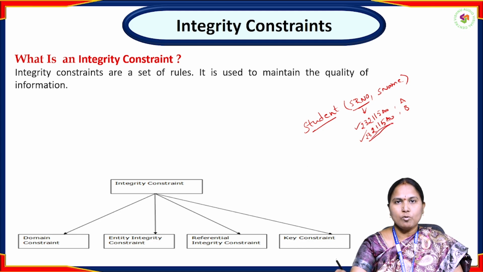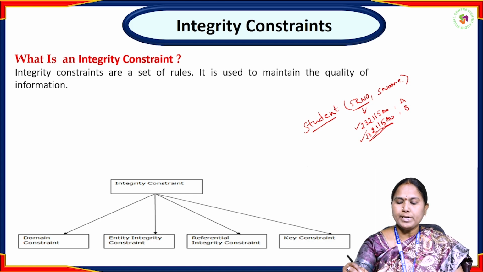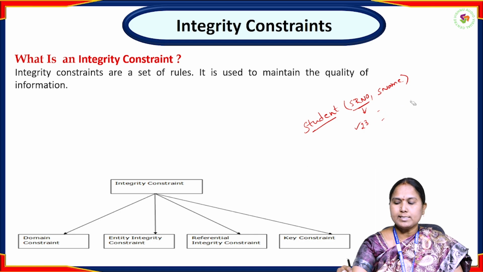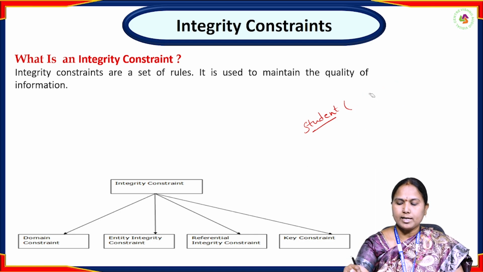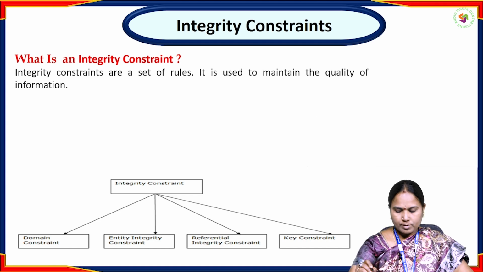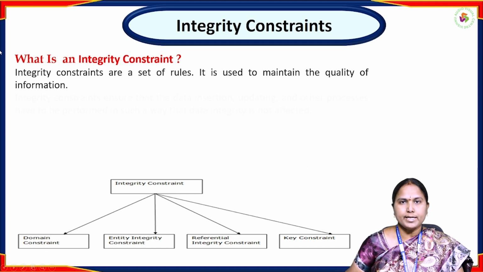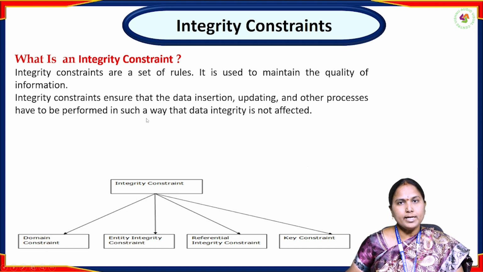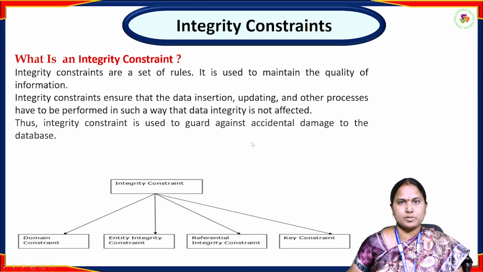So, what an integrity constraint says is whether the data is correctly inserted or not. That verification can be done with the support of integrity constraints. An integrity constraint is a condition that ensures that values are correctly inserted inside the database. So, how many types of integrity constraints are there?